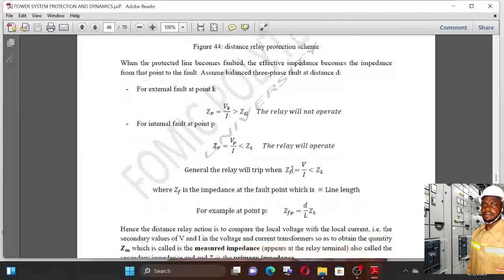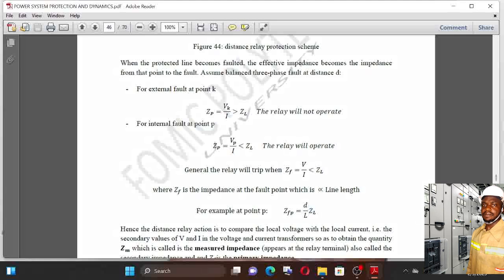The impedance at the level of the fault is equal to what we have seen here. Then, with respect to distances, the fault impedance at that point P can also be determined with respect to the distance of the fault. That means D divided by the total distance of the line L, times the impedance of the line ZL.